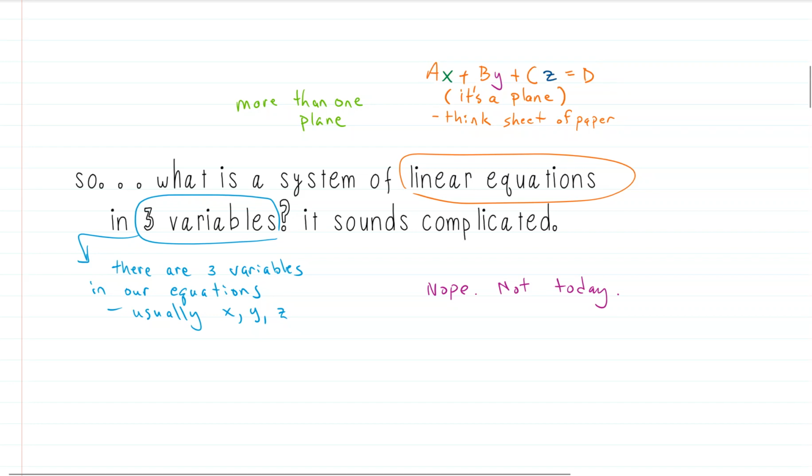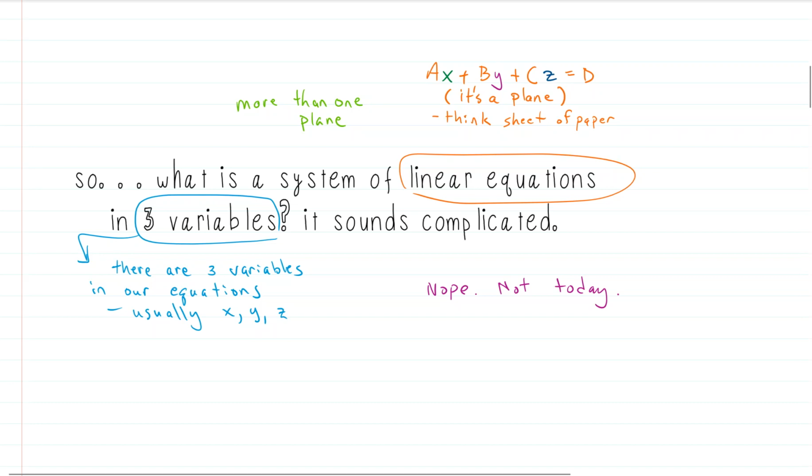Something that's also important is that you won't ever have exponents like 2, 4, 6, 3, or 1/2. They all have an implied exponent of 1. You don't see it, but it's implied that it's there. So you'll never have anything crazy. You'll just see the x, y, and z variables, or whatever variables you have.